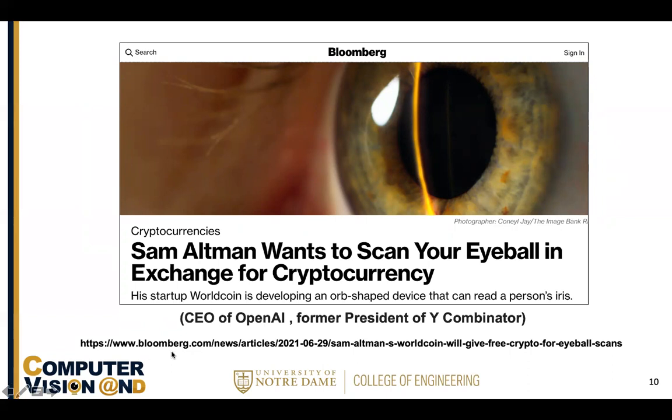This effort is called WorldCoin, and the current CEO of OpenAI and former president of Y Combinator is one of the people behind this. The idea is that by taking both of your iris images, WorldCoin will be able to give individual enrollment to potentially everyone on planet Earth.